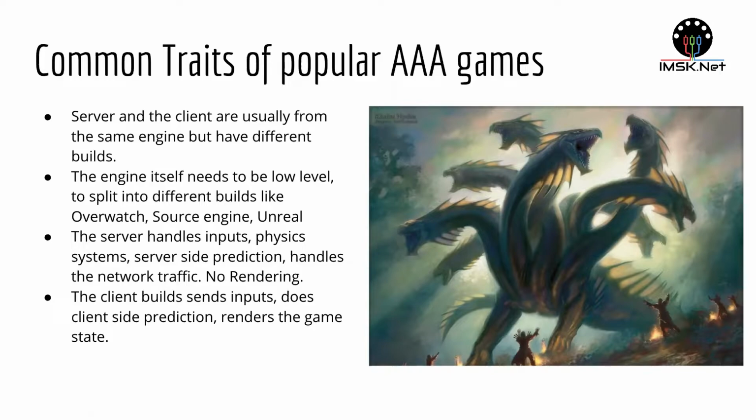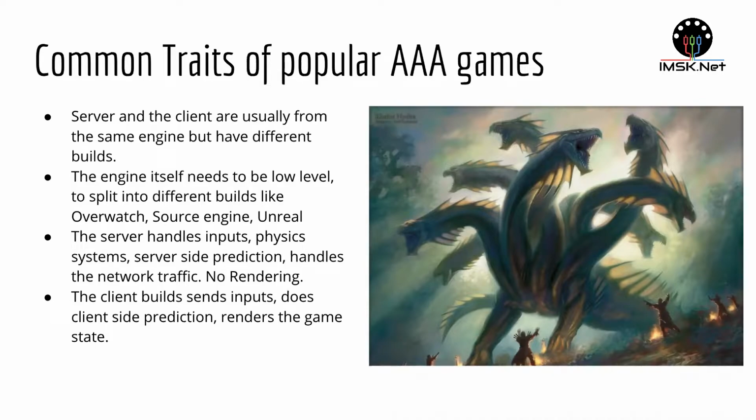So in Overwatch, they wrote the entire game from scratch. They didn't use any existing engines. They wrote the complete thing from the ground up, building a network layer on the bottom, and then they started stacking up the physics system, the shooting system, the render system finally.